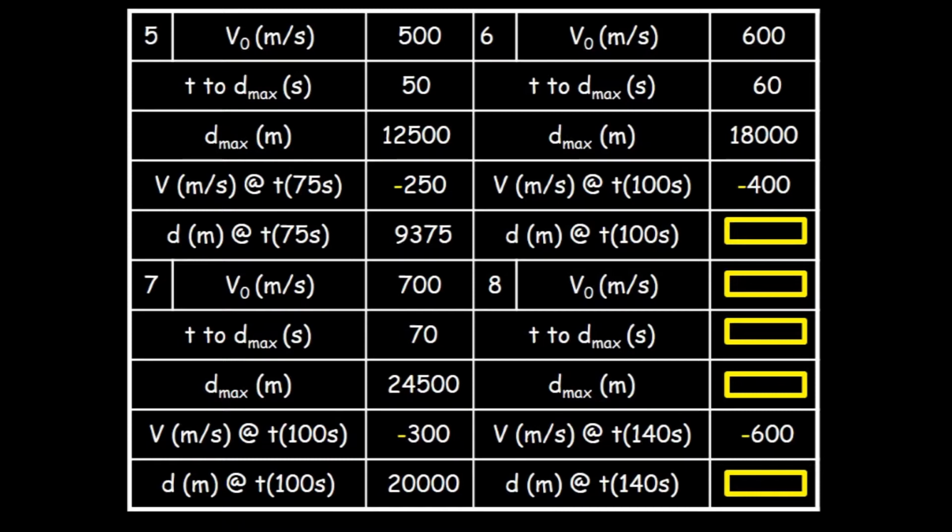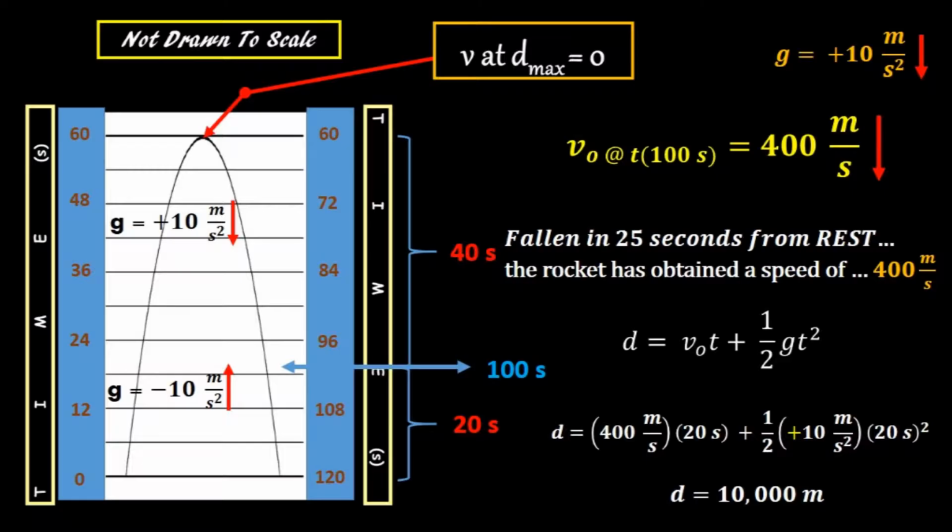Now next, we want to look at what distance it will fall from the 100th second till it hits the ground. Well, its initial velocity will be 400 meters per second.